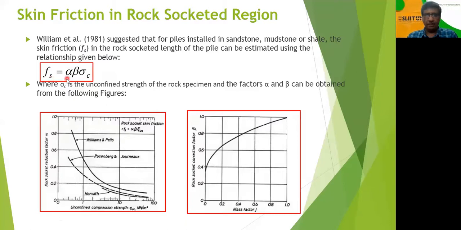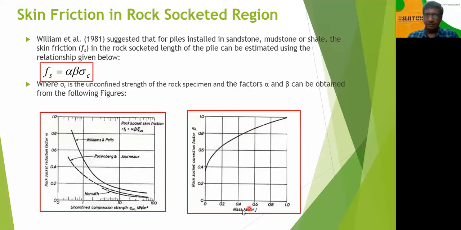You multiply alpha, beta by sigma c, the uniaxial compressive strength of the rock that we are talking about, right? So these are the curves from which you can obtain the alpha value, and the beta value you can obtain from this particular curve.